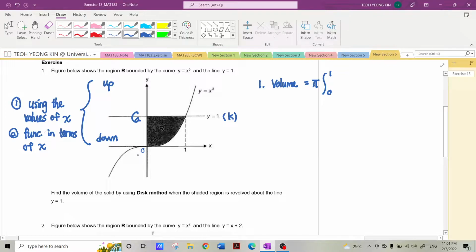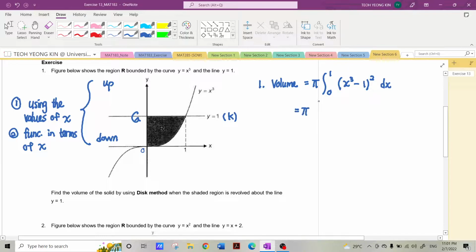This function is x to the power of 3, x cubed, so here is x cubed minus k. In this case, our k, or the line of revolution, is 1. So y is 1, so here is 1. And then don't forget squared, in terms of x, dx.